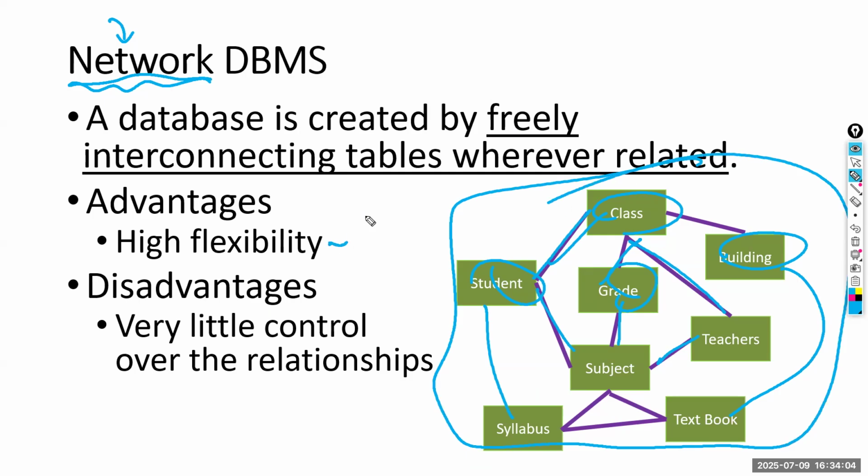So then we get very high flexibility, because that was the issue with the hierarchical database. But at the same time, especially if you misuse it, we lose our control. Therefore, there can be a lot of inconsistencies when it comes to relating data.